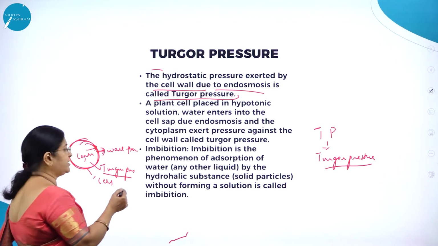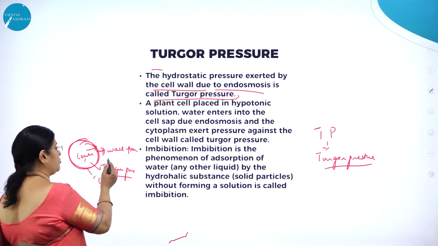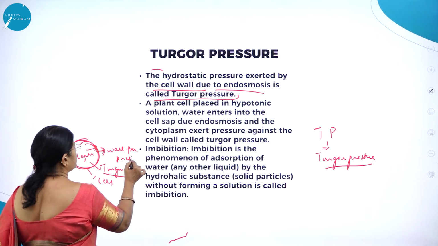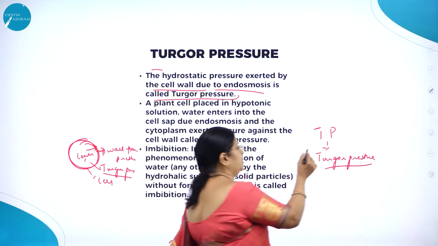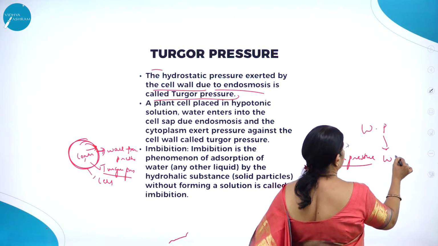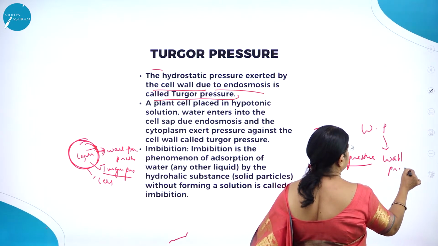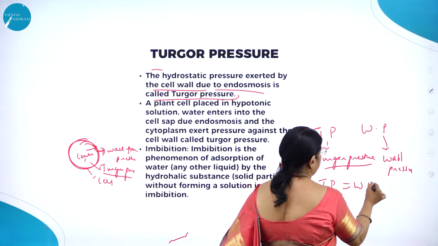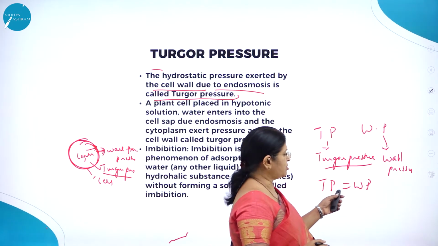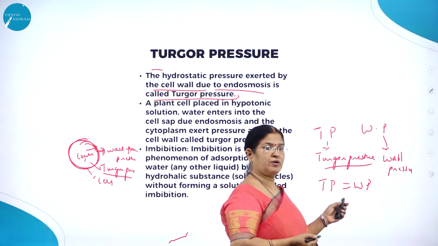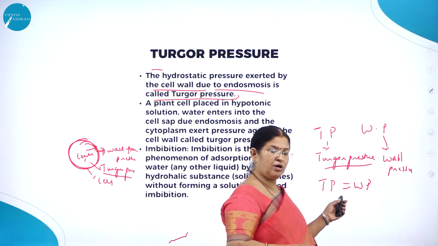To counteract it, the same pressure is exerted by the wall back on the contents of the cell, and that is called wall pressure. So you have to understand two terms, TP and WP. WP is wall pressure, and TP is always equal to WP. That is, the turgor pressure exerted on the wall of the cell is matched by an equal wall pressure.